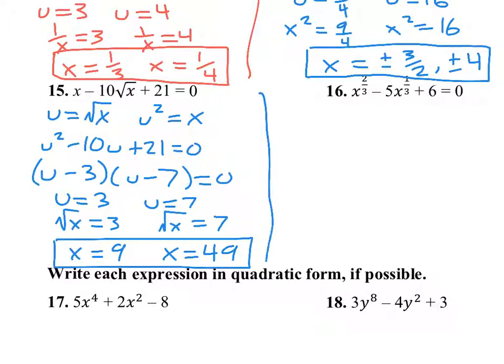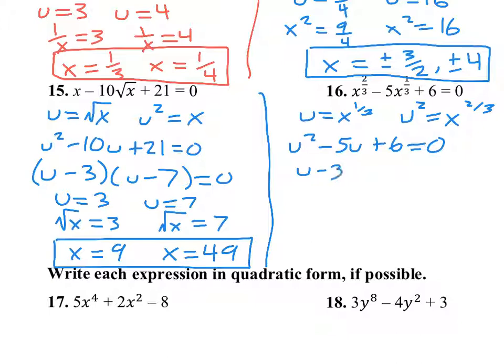For number 16, U would equal x to the power 1/3. Squaring both sides, U squared equals x to the 2/3. Rewriting it, U squared minus 5u plus 6 equals 0.